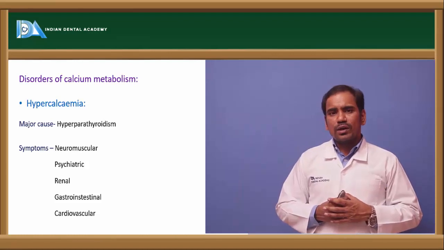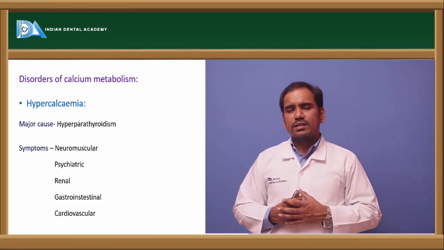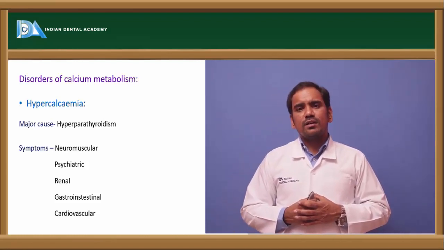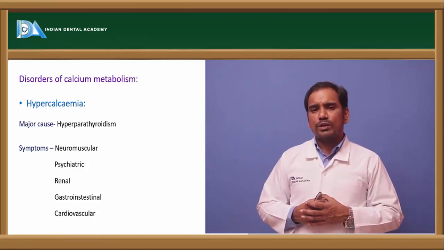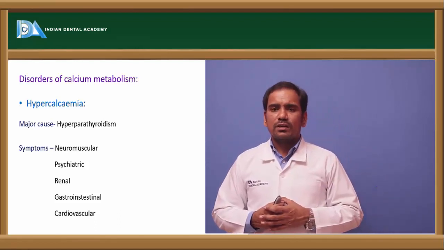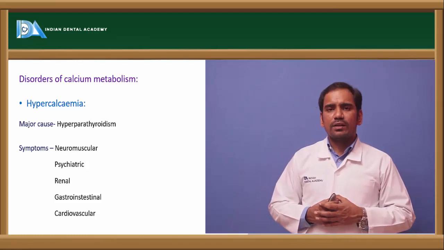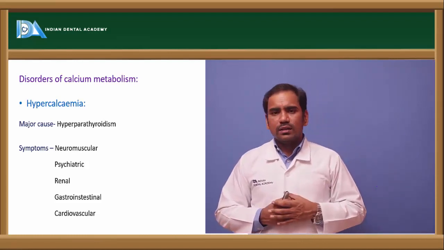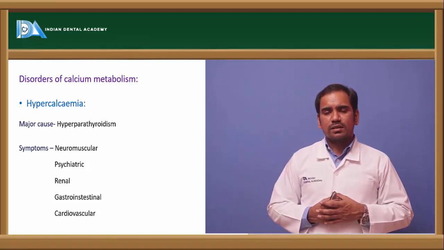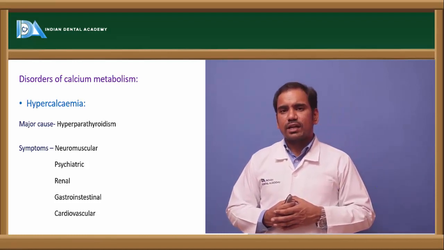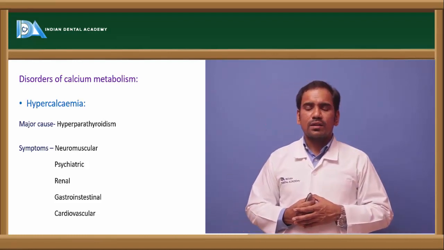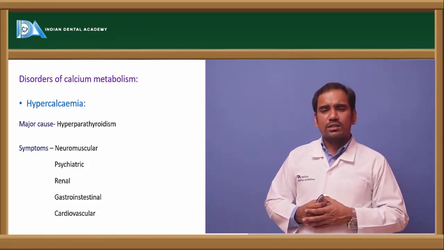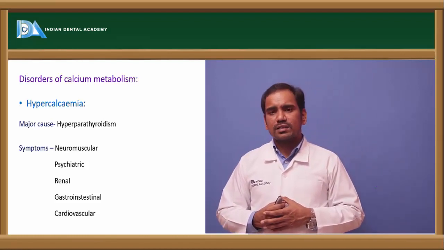And coming to renal features, there is increased excretion of urine; polyuria is seen. Apart from that, formation of renal calculi is also seen in case of hypercalcemia. The manifestations concerned with the gastrointestinal tract are vomiting and constipation seen in case of hypercalcemia.